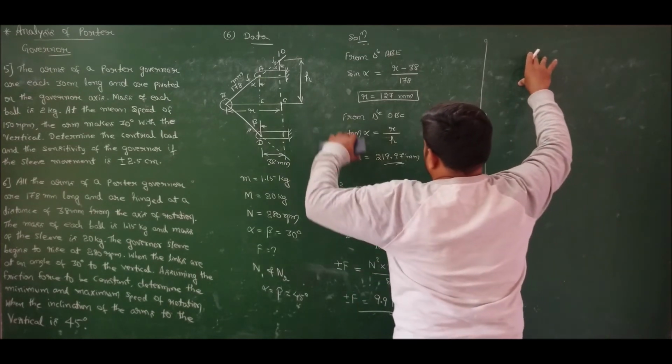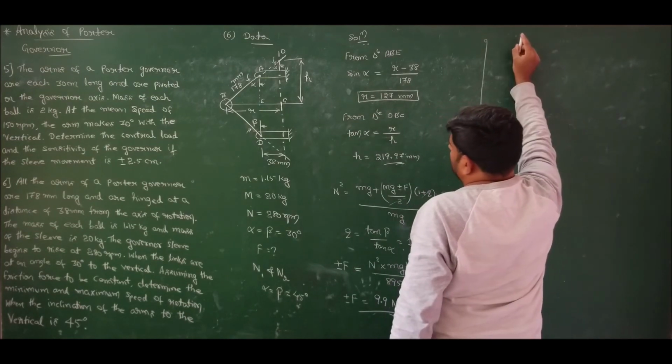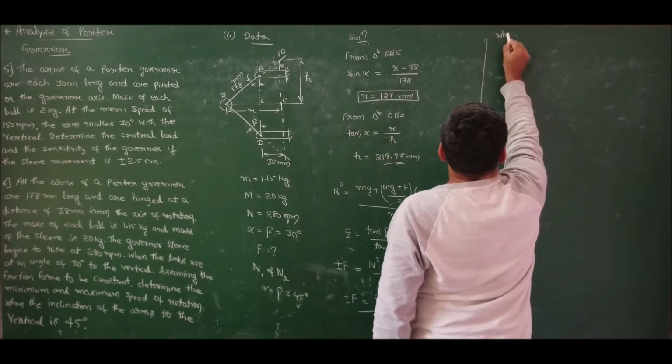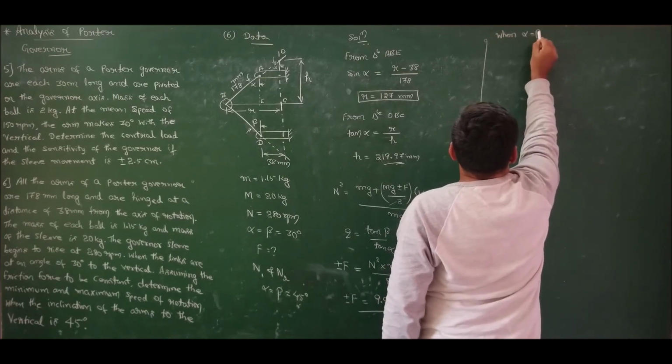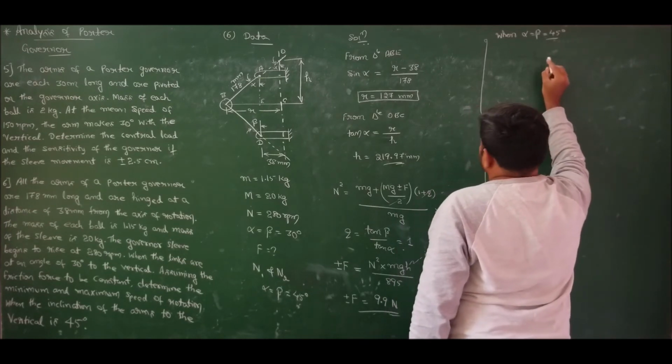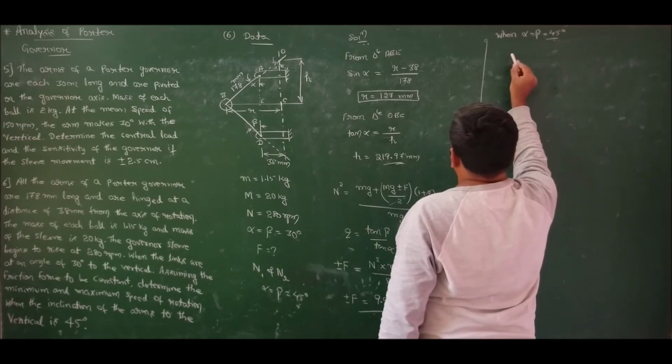Let us calculate the value of H when alpha is equal to beta is equal to 45 degrees. What is the value of H is the question.